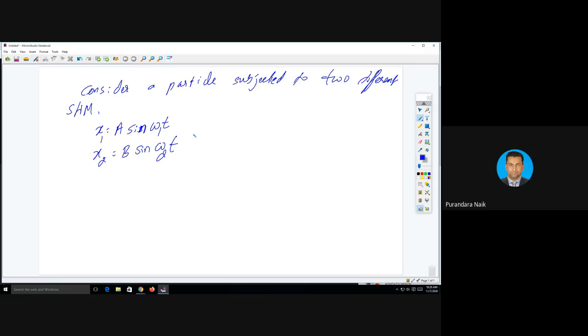But in the addition of two waves, we had omega 1 and omega 2 the same, right? Omega t and omega t, but the amplitude will be different. But here the frequency is also different.